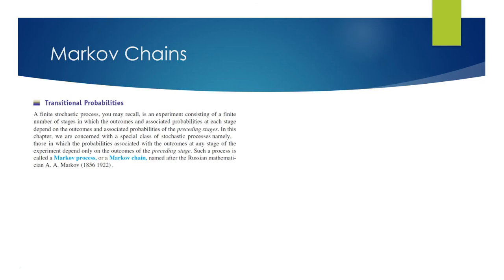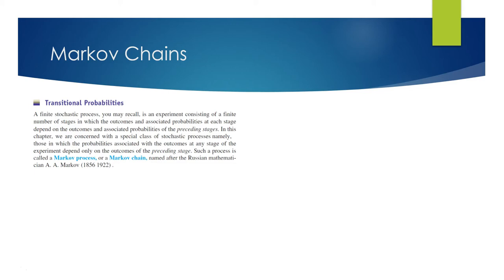Basically, Markov chains deal with what they call transitional probabilities. You start with some preceding stages. You're given some information about what's happened beforehand, and you're looking at a transition happening between a split group.